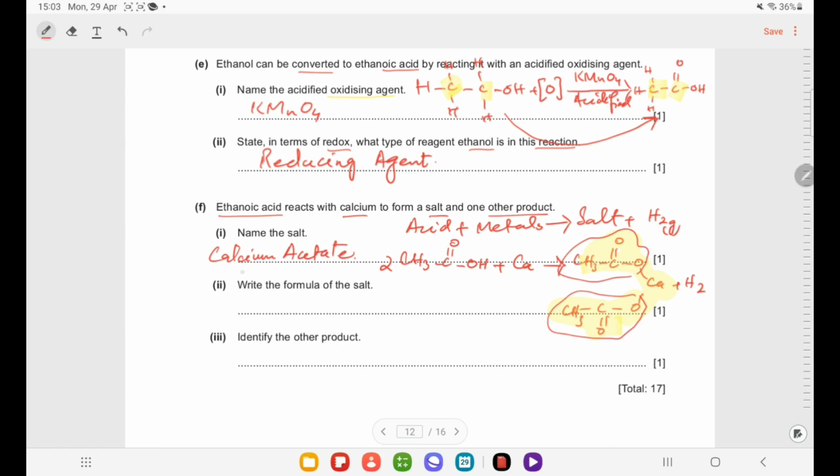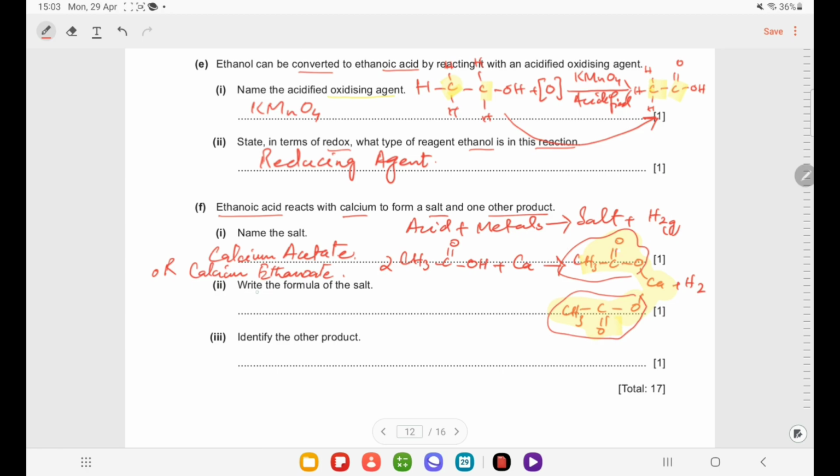Or we can also call it calcium ethanoate, because this group is also called the ethanoate group. Calcium ethanoate.